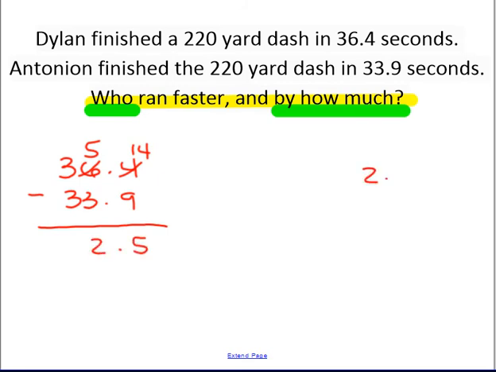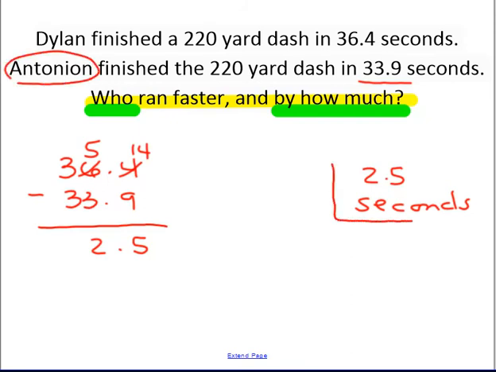And so I have 2.5 seconds faster, but who ran faster? Well, when I compare these 2 decimals, which one is the least? And the least is going to be the 33.9, which belongs to Antonian. So one of my answers is Antonian.